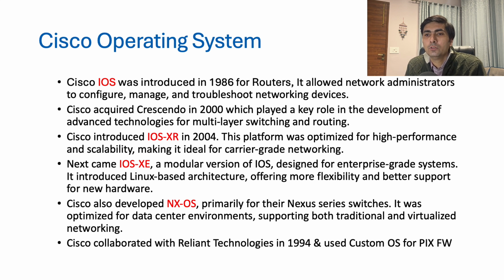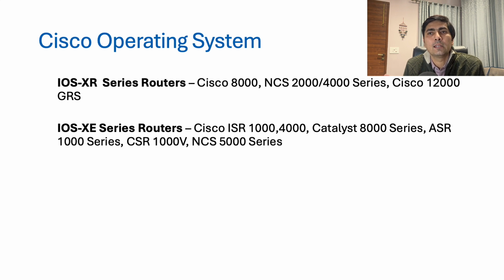All right, so this is it about that. Let me also tell you about the routers which support the XR and XE series. For Nexus, I've told you Nexus 2K, which is FEX, 3K, 5K, 7K is a modular series, and then there's the 9K series which is also ACI. All are NX-OS.